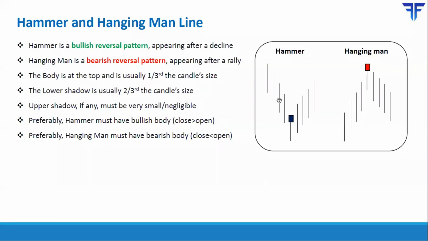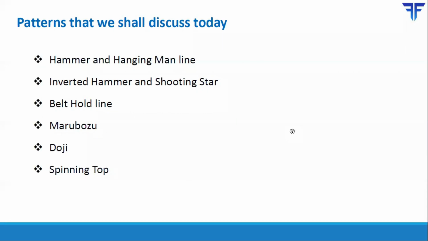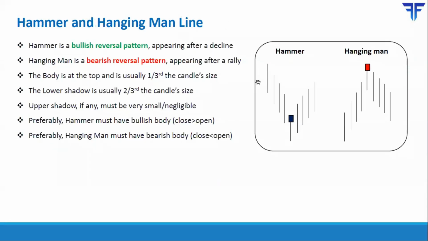So it indicates a very sudden and swift change in market sentiment, a scenario wherein the bears were completely dominated by the bulls for that particular period. Now, in the coming candles, if the high of the hammer is broken without the low of the hammer being broken, then it indicates a change in trend from down to up.